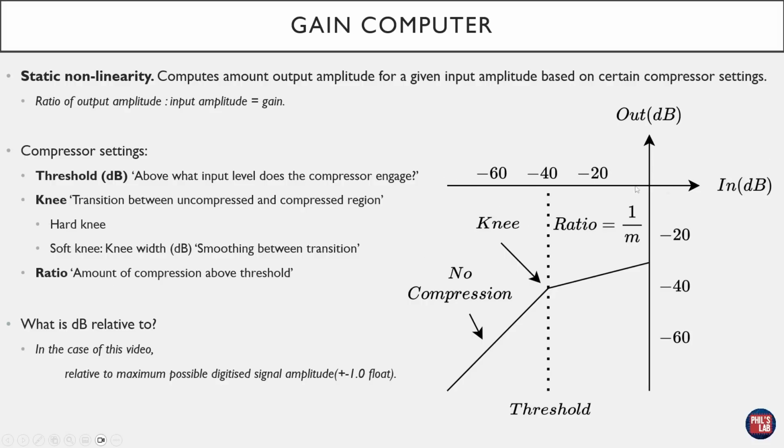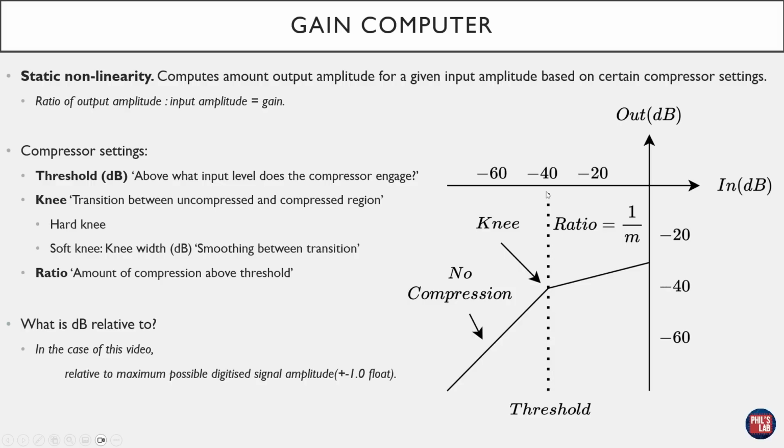On the x-axis, we have the input amplitude in dB, where our maximum input amplitude is 0 dB, so this is a relative dB scale. And the y-axis shows us the output amplitude, also in dB, with a maximum value, again, of 0 dB relative. We have two main regions for this hard knee graph, and they are separated by this threshold value. The threshold here is drawn in at -40 dB.